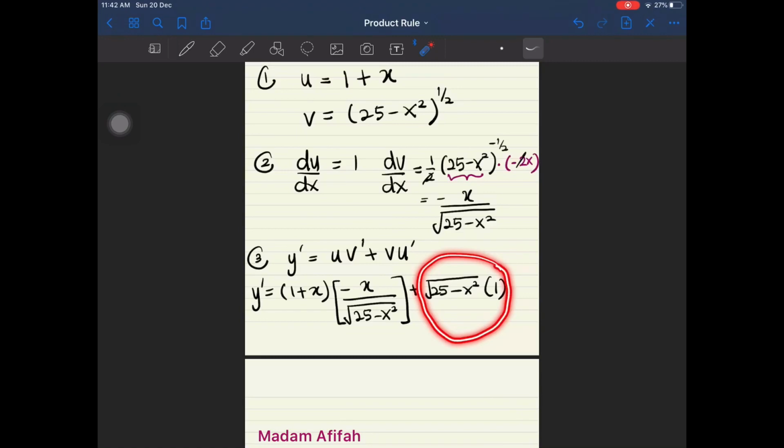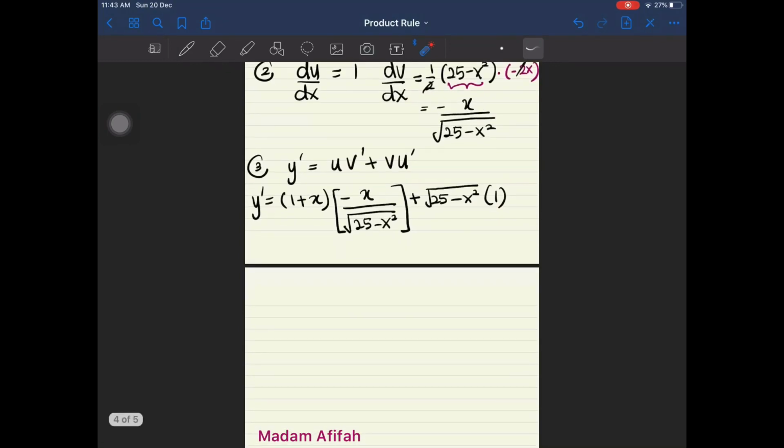So we need to multiply this function by square root of 25 minus x squared over square root of 25 minus x squared. Therefore, your y prime is equal to, for this part, you just expand: negative x minus x squared over square root of 25 minus x squared, plus square root of 25 minus x squared.